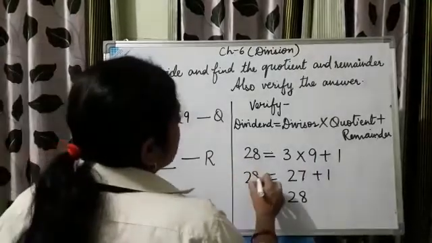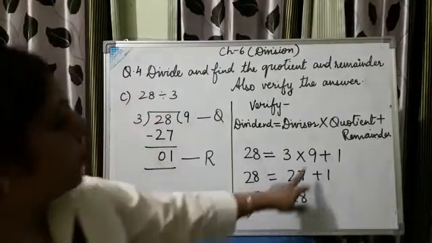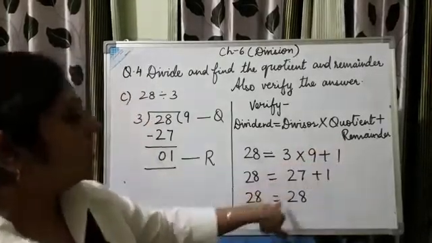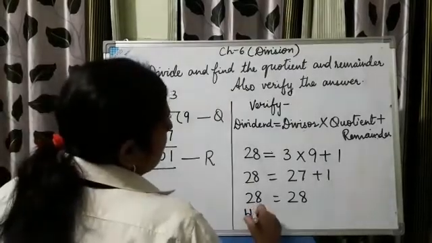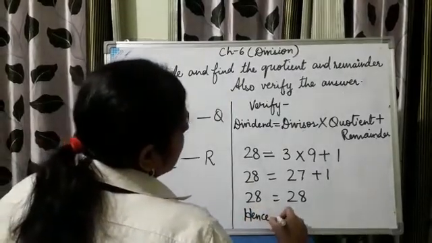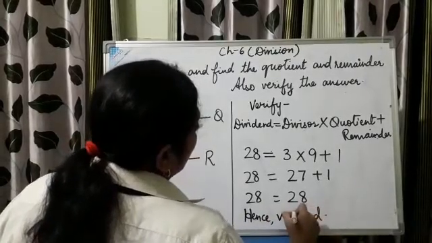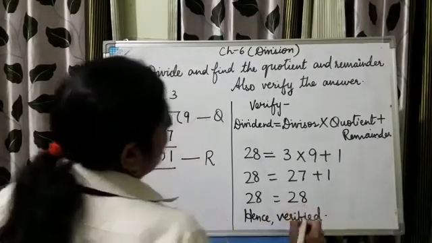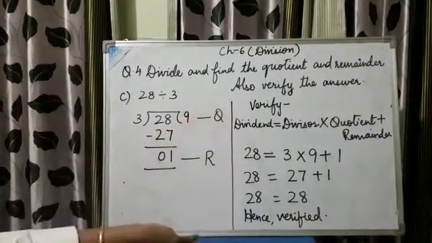This means whatever division you have done is correct, because after doing this calculation we have got back the dividend. So hence your division is verified. You need to write at the end, after doing the verification in every question, wherever you are told to also verify the answer, hence verified.